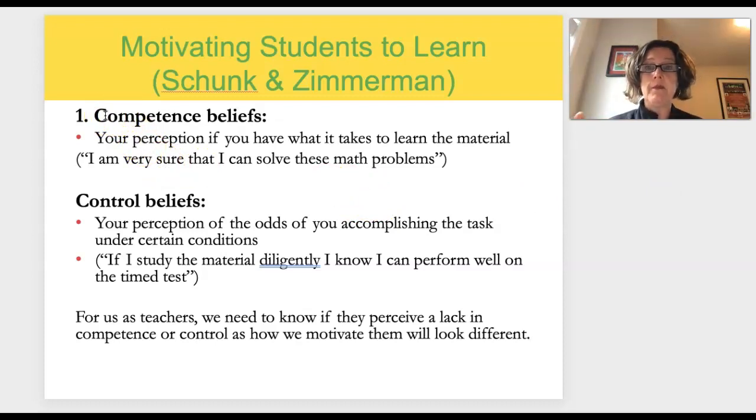Your perception of whether you have what it takes to learn the material. So this is your belief in your own actual academic, cognitive, emotional competence. If you say, "I'm very sure that I can solve these math problems," you have a high competence belief. You're like, "Yeah, I can do this."